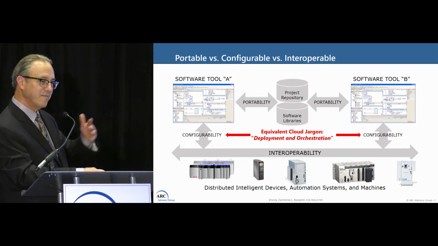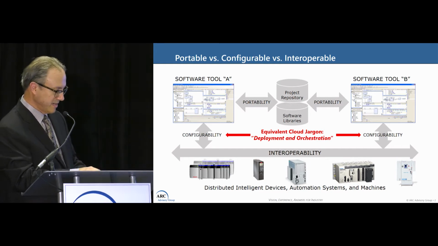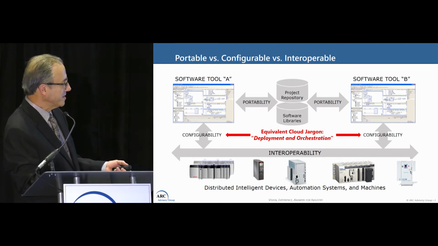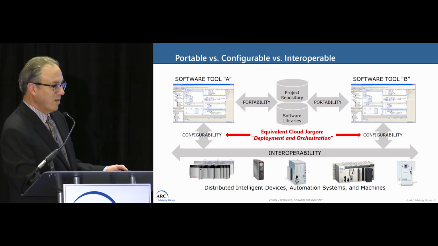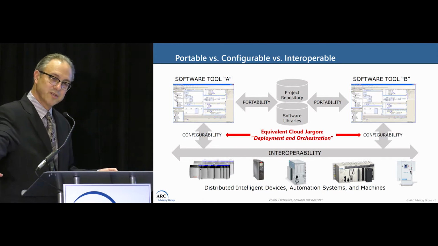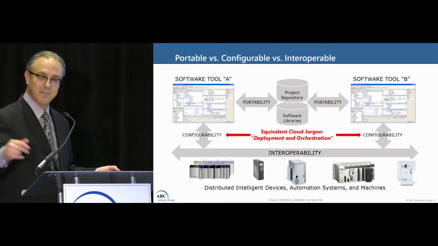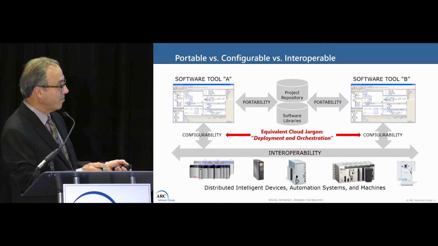So we have different terminologies in the automation space and the IT space for these technologies, but I think the important one is to think of deployment and orchestration, because I think the model of moving into a device and manipulating the device itself over time is going to go away, as I'll point out later.